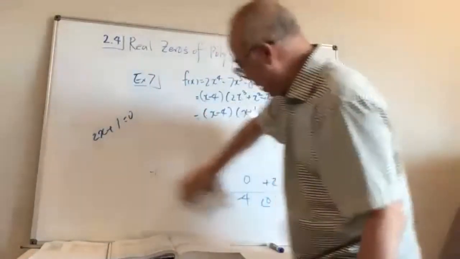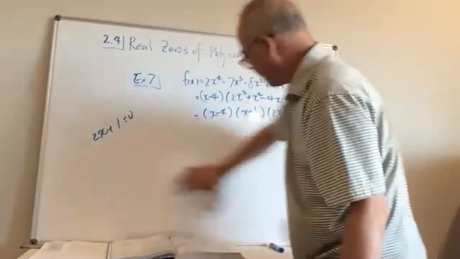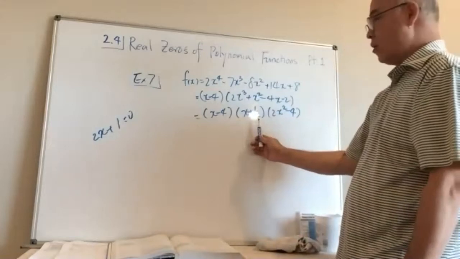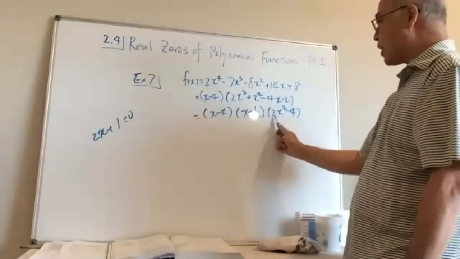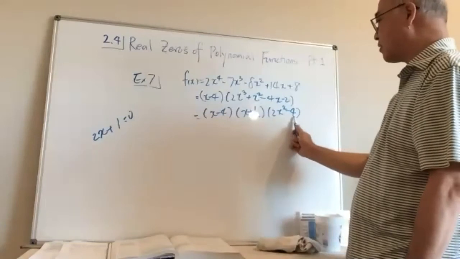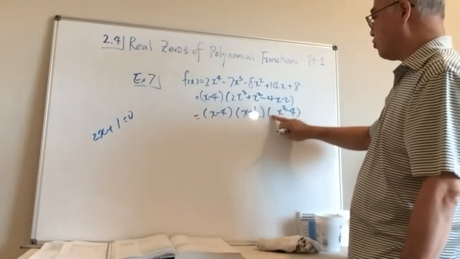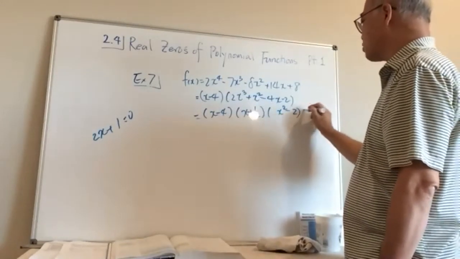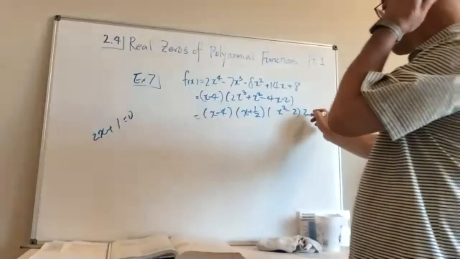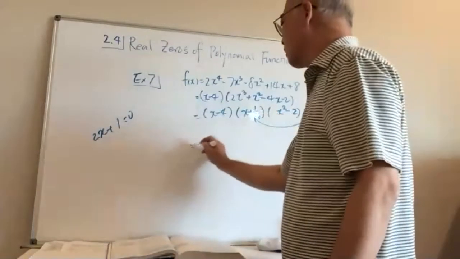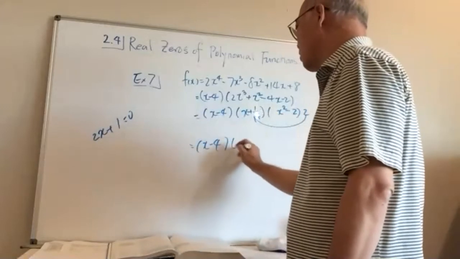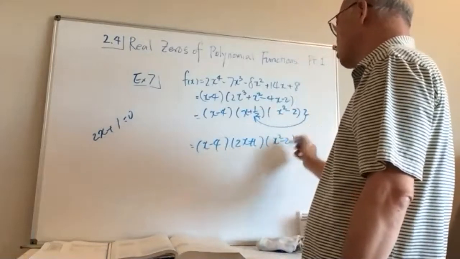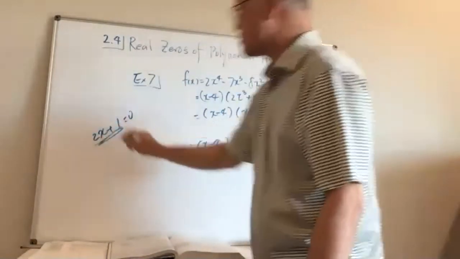What actually happens is I get a situation where I have a 1/2 here, which is kind of odd, but I also end up with this guy, which means that I can take the 2 out here, right? If I take the 2 out, this becomes x squared minus 2 times 2. And I can now take this 2 and multiply this guy into here, x minus 4, 2x plus 1, x squared minus 2. So I end up with this somehow in the end, right?